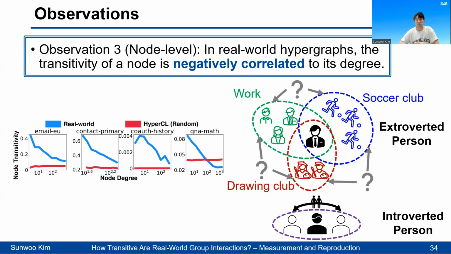When we think of an extroverted person who has been involved in many group interactions, his friends in different groups are less likely to know each other, although both of them know the extroverted person. On the other hand, friends of an introverted person are also likely to know each other, since the introverted person is usually involved in only a few group interactions.